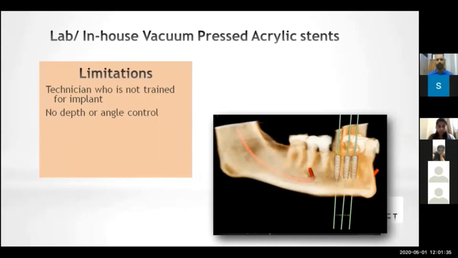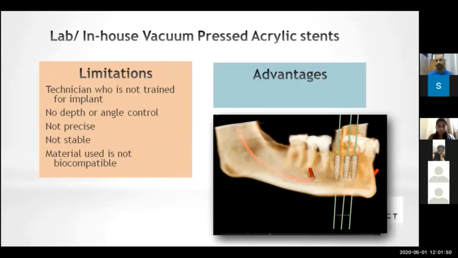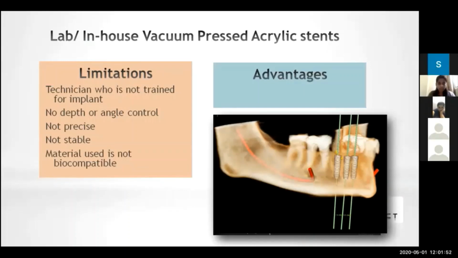There was no depth or angle control, and they were found not to be precise at all based on various studies in the literature. The stability of the stents was also suspect, and the material used was not biocompatible, being a resin which generated a lot of heat for the patient when worn. The biggest advantage of these stents, however, was that they did not require any special surgical kit.